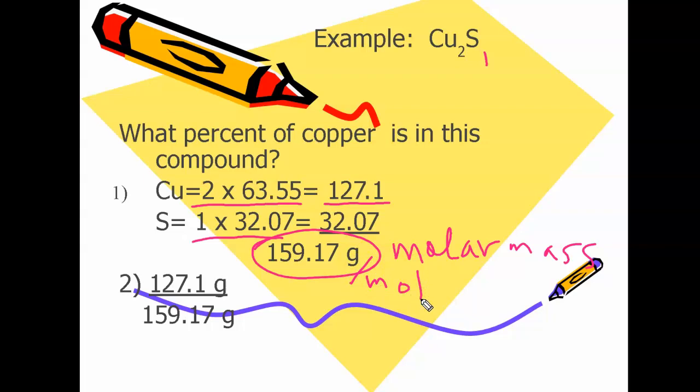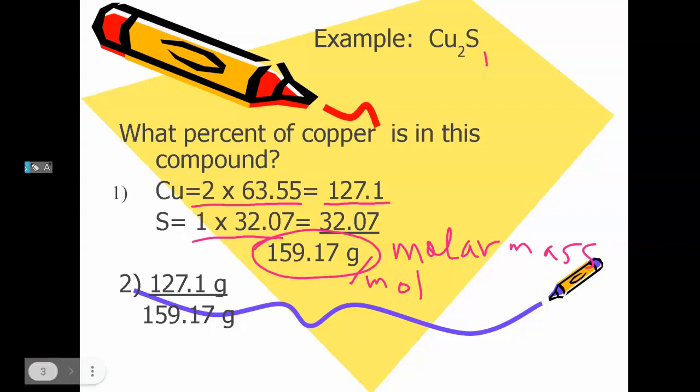Then, to find my percent, I'm going to divide copper's atomic molar mass, so 2 times 63.55, so I have 127.1 divided by 159.7, and that should give me an answer, and it doesn't look like I wrote down the answer here, so let me pause real quick and get you that answer.